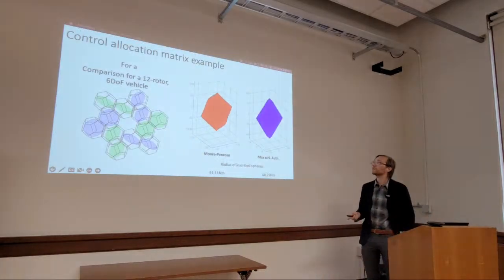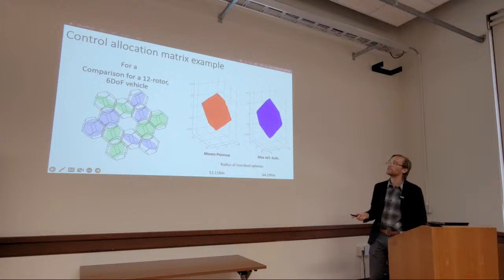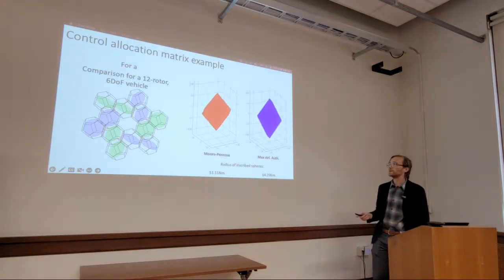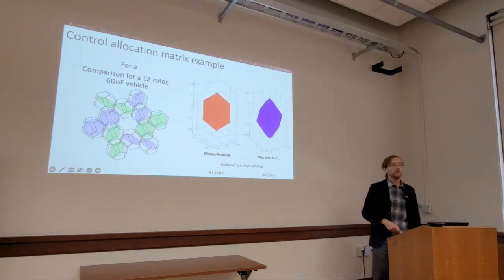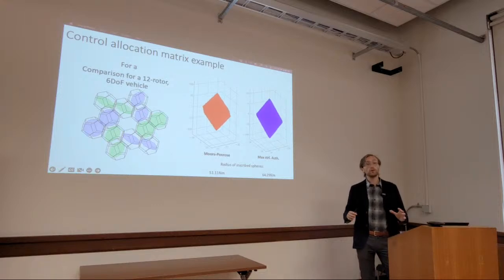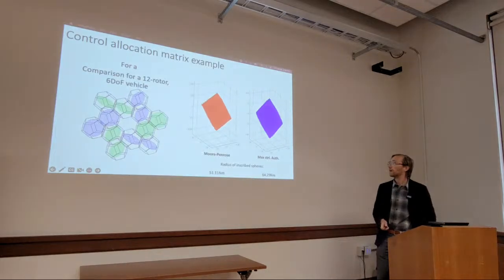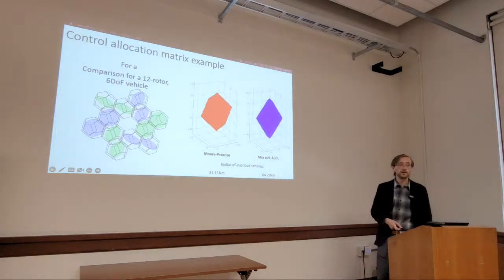So here, just an example, if we consider this 6-degree of freedom 12 rotor vehicle, and we want to find the control allocation matrix that maximizes the available moments along the 3 axes, we have, as I mentioned, a second-order cone program.